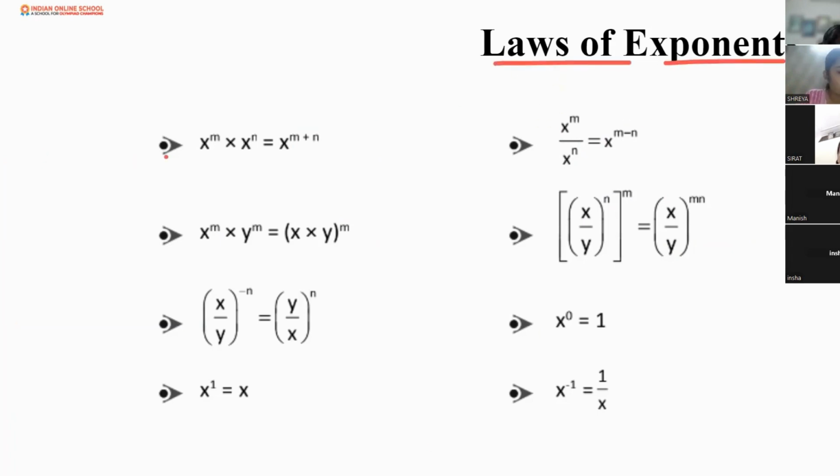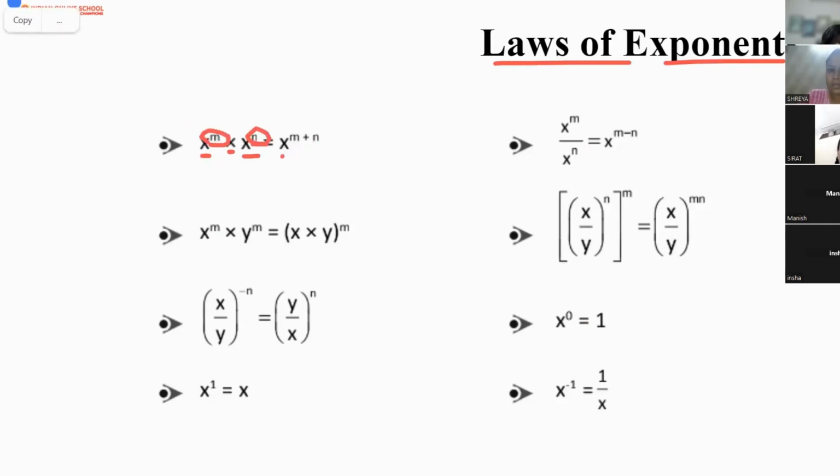The first law states x to the power m multiplied by x to the power n. Suppose you have the same base under multiplication. What you do is just add the exponents or the powers.